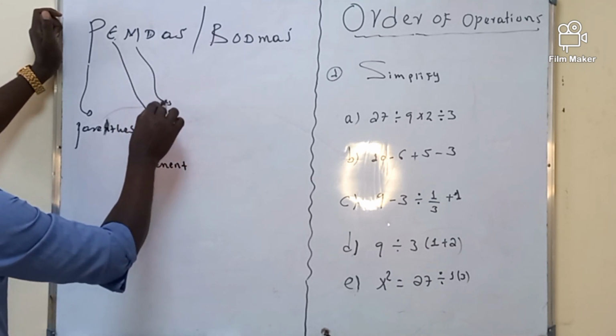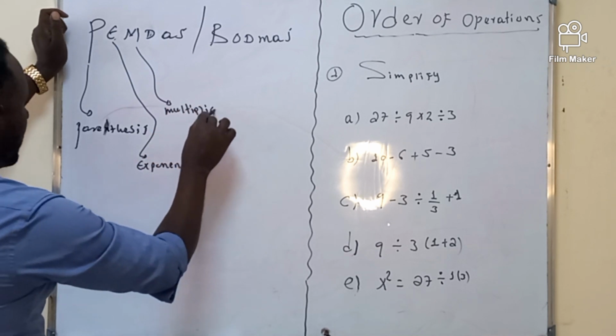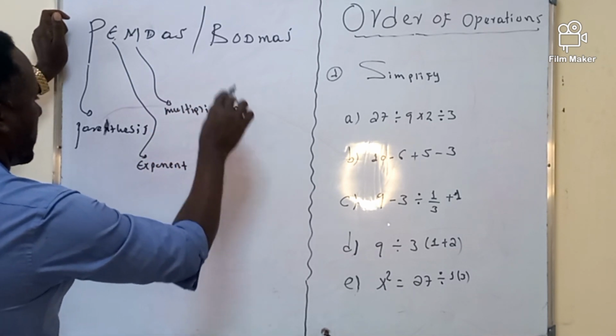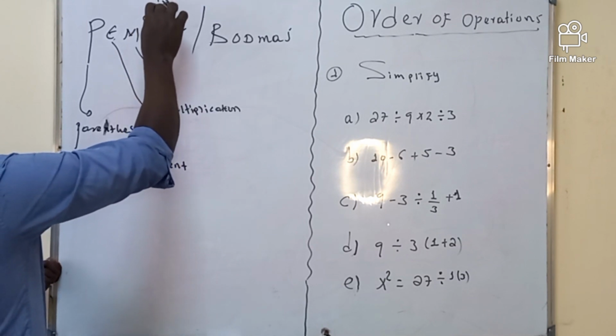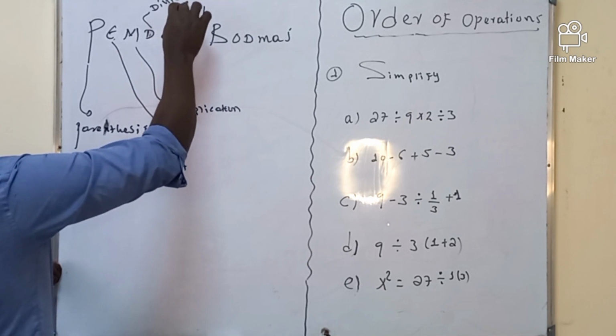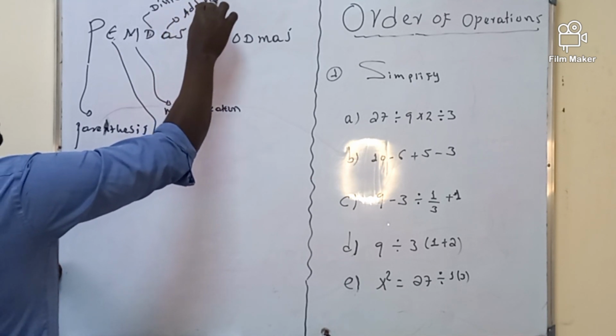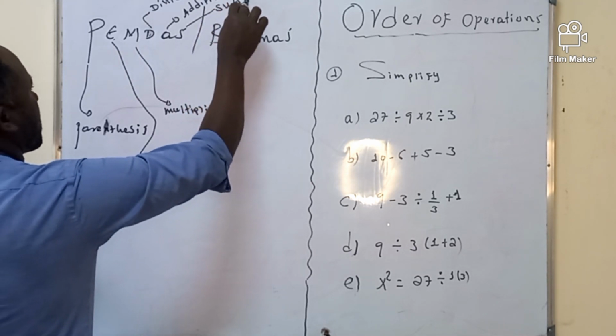M means multiplication, the symbol for the notation of multiplication. D means division. A is addition. And S means subtraction.